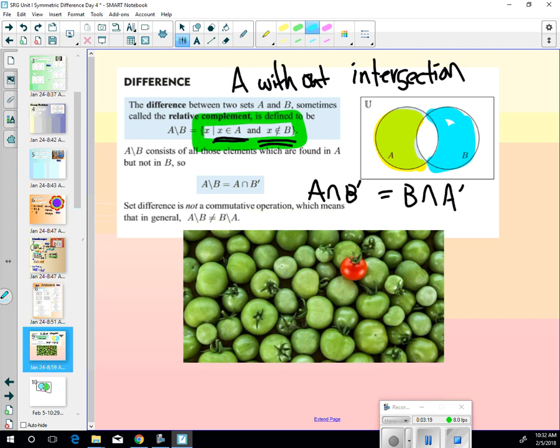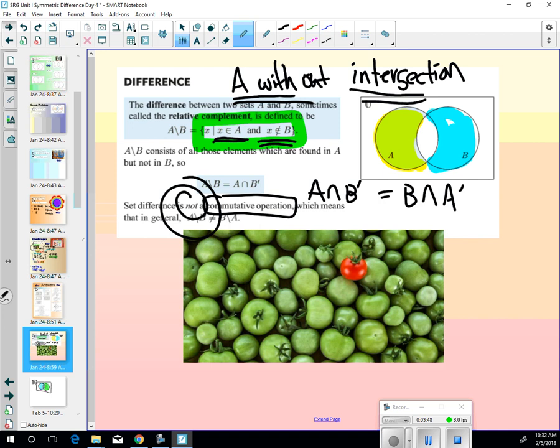Yeah, it's A without the intersection or intersecting the complement of B. And then for B, that's the blue, not the complement of A, or intersecting the complement of A, not the intersection. I think this is the clearest way, don't you, to describe it without the intersection? But they're not commutative. Notice that.